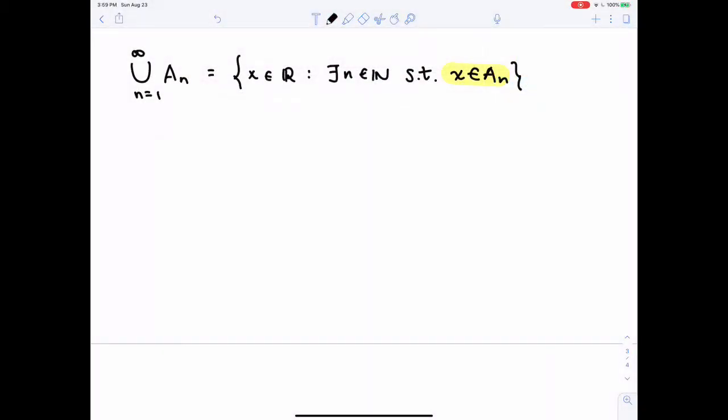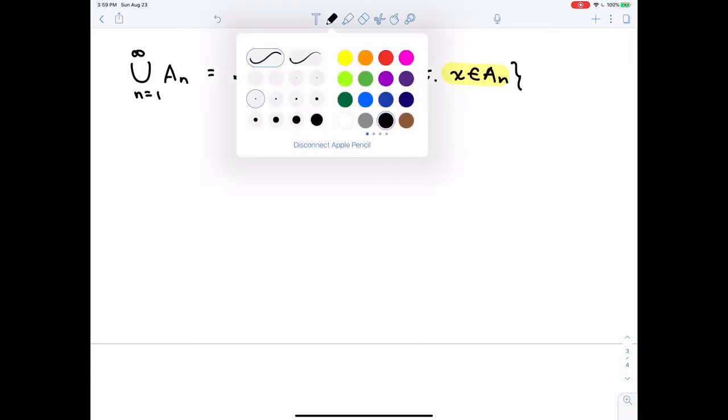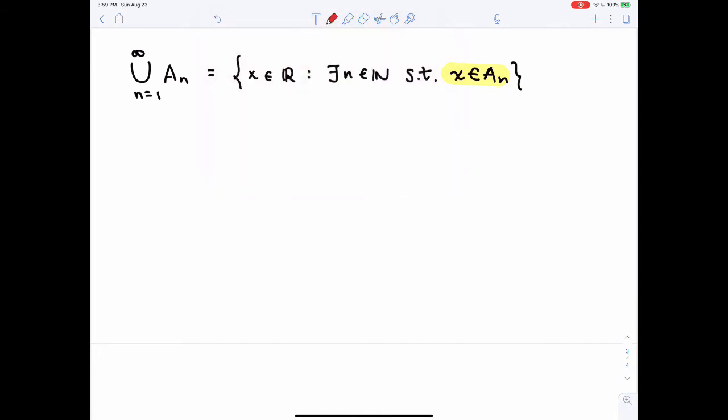So let's take a look at the union. I've written out the precise definition of what it means to be in the union. We're going to be looking at all the x in the reals such that there is an n, in other words, there is a set that x belongs to. And I want to point out what it means for x to be in A sub n, because remember A sub n is an interval.